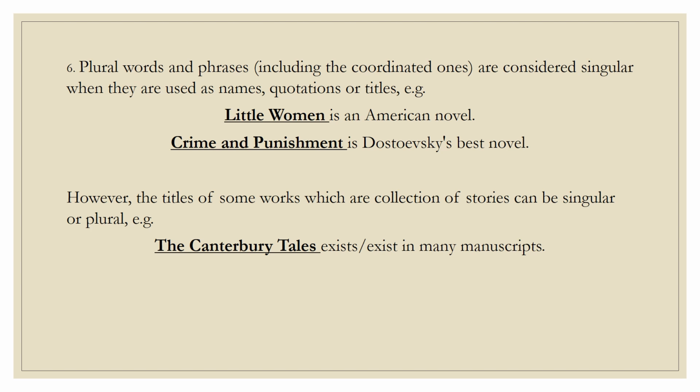So I say "The Canterbury Tales exists," with the third person singular S. But if I am talking about the individual stories found in the book, my subject becomes plural, and I use a plural verb without the third person singular S: "The Canterbury Tales exist in many manuscripts."